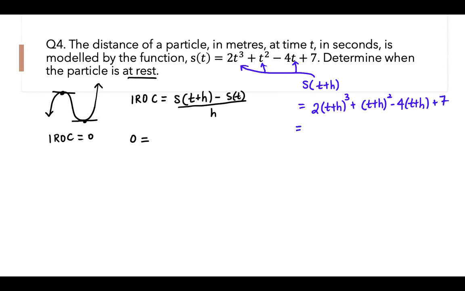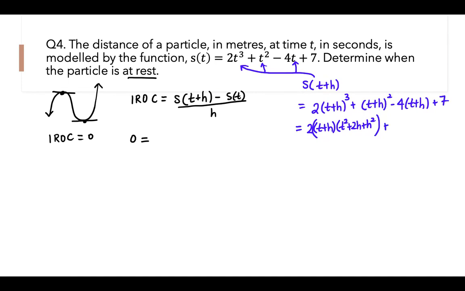So it's a lot of expanding here. So 2 times (T plus H), and then T squared plus 2TH plus H squared. What I'm doing right now is I just expanded the first two for the cube.